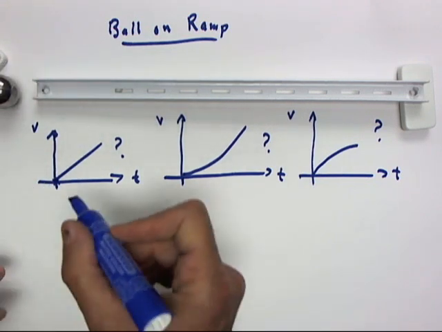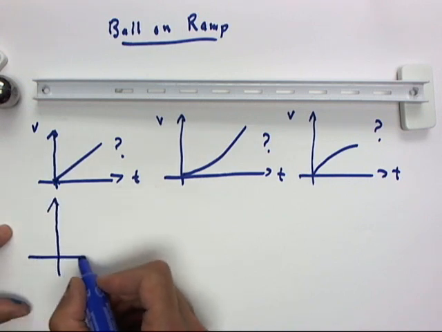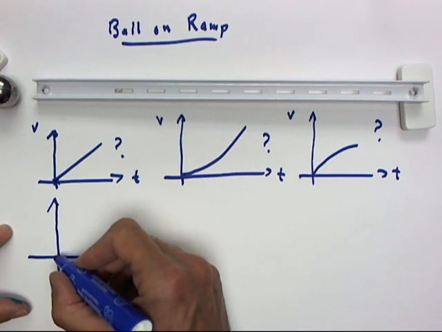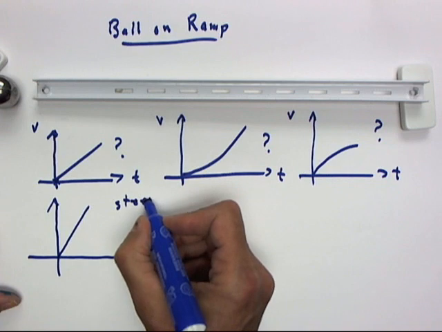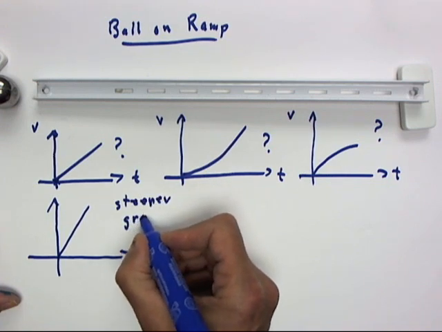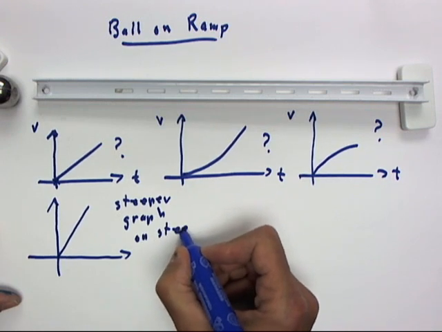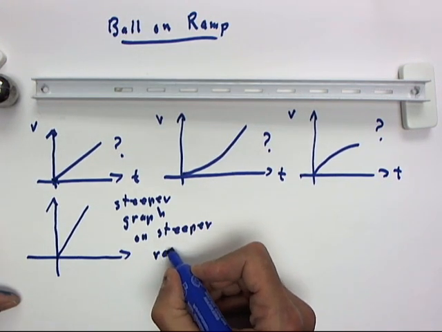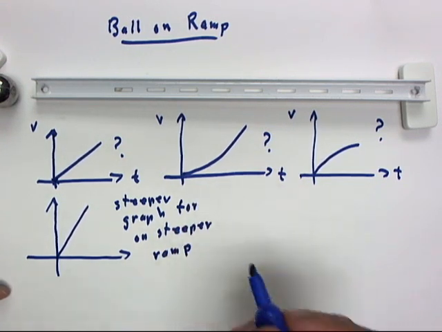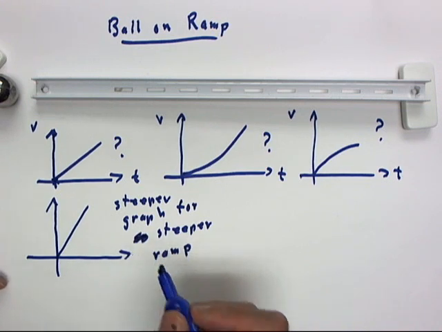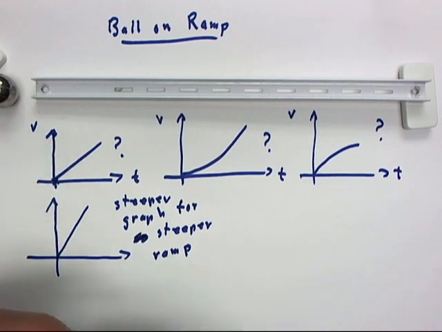And if we assume that we have a straight line velocity versus time graph, then we expect the graph to be steeper if we have a steeper ramp. And I'm going to say a steeper graph for a steeper ramp, not on a steeper ramp, because the graph isn't on the ramp. In any case, this should be fairly clear.